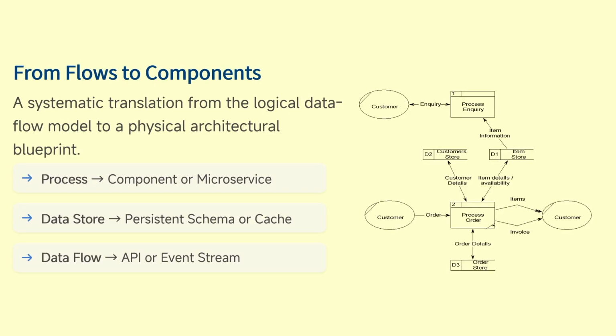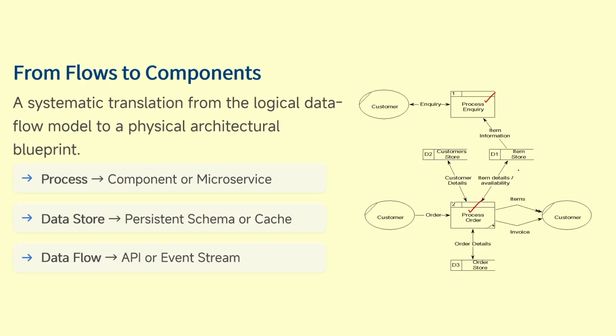So, mapping to architecture, the very important part here, it says about the transition from the existing DFD to the architecture. We have understood that we have process, data store and data flow. So these are going to be the processes and these are going to be the data stores.